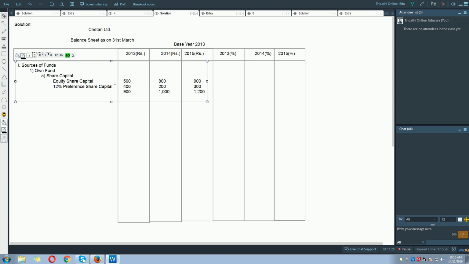A, share capital: equity share capital, 12% preference share capital.